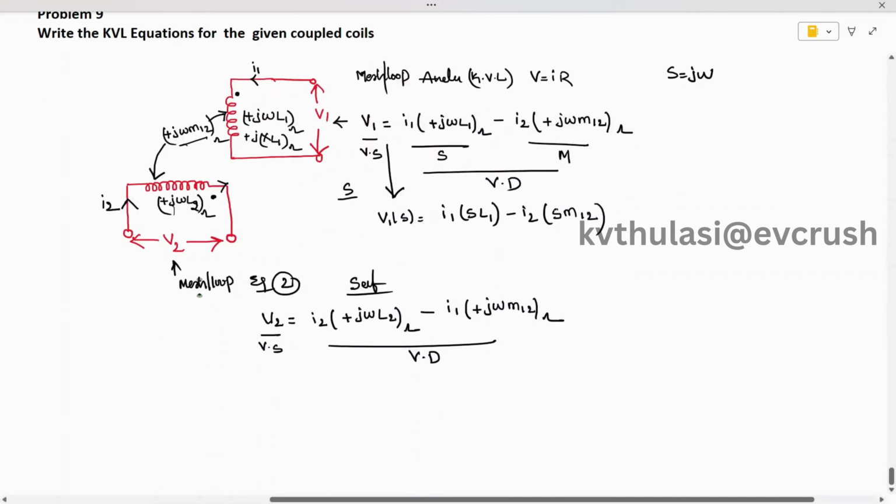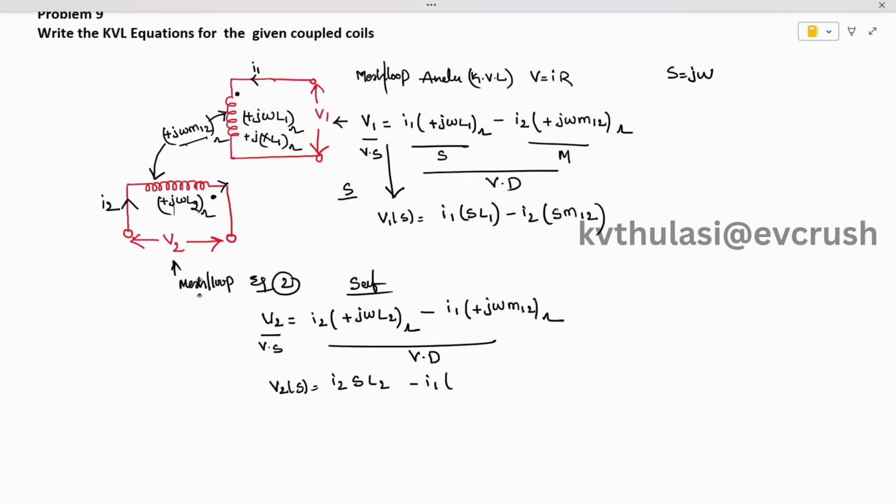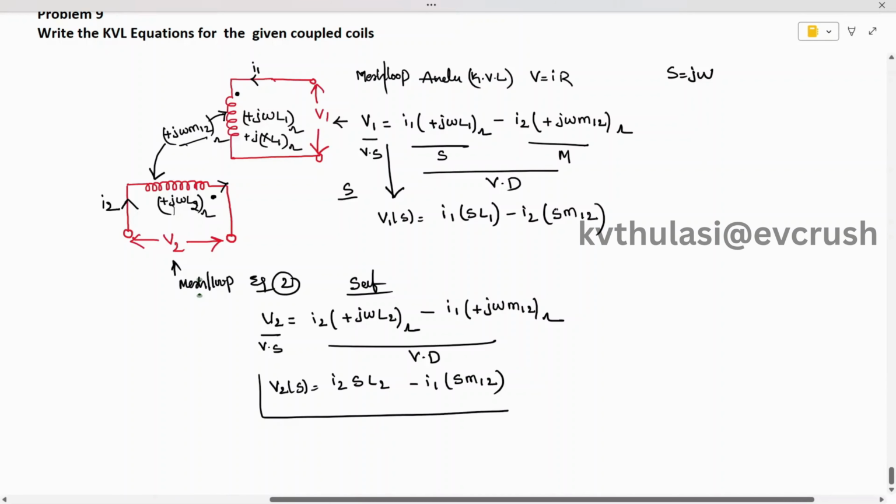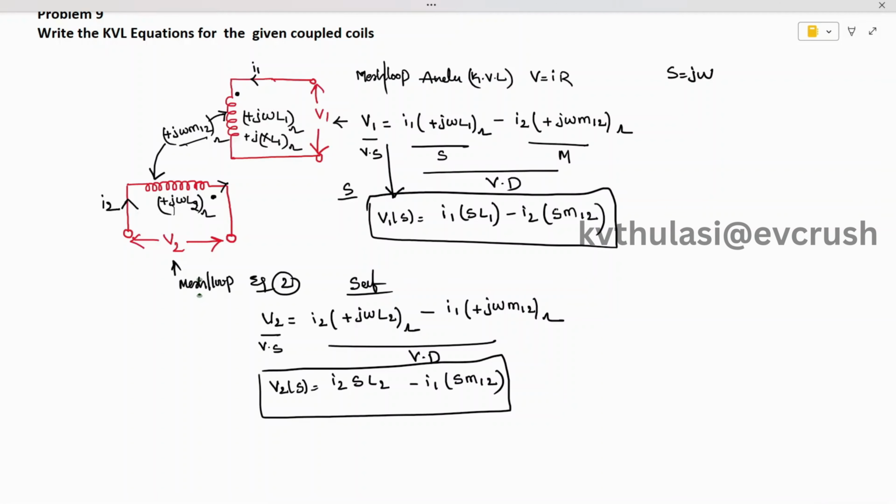For the second equation, V2 of s equals I2 into s L2 minus I1 into s M12. This is how to write the equations if the S domain is asked. Many examiners ask us to write the given values in the S domain. This is how to write the input KVL equation, and this is how to write the output equation.